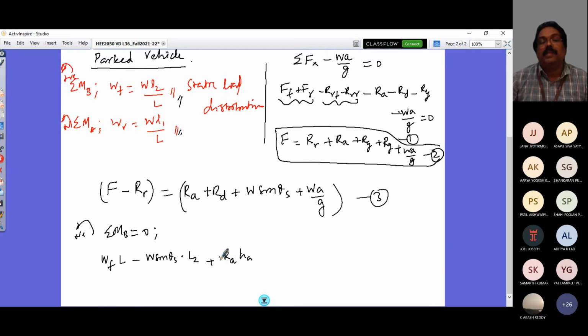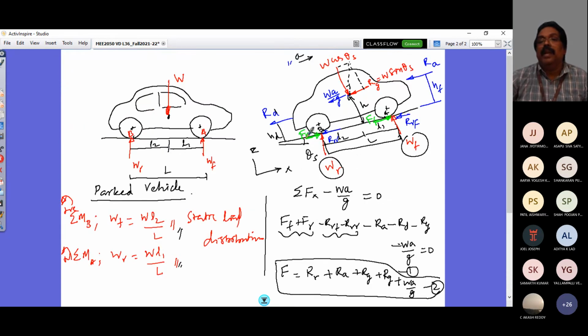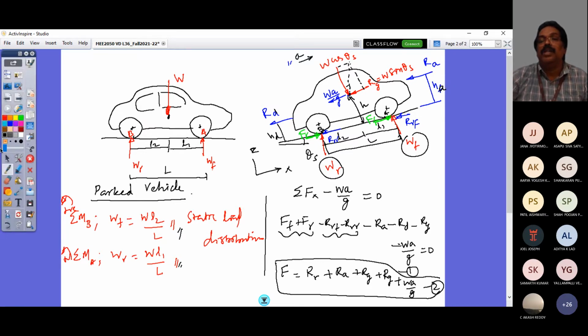Why is this plus here? Because it's a counterclockwise moment. See, this is RA and I'm taking moment about this point, so it creates a counterclockwise moment. That's why plus RA into HA. Similarly, RD into HD.